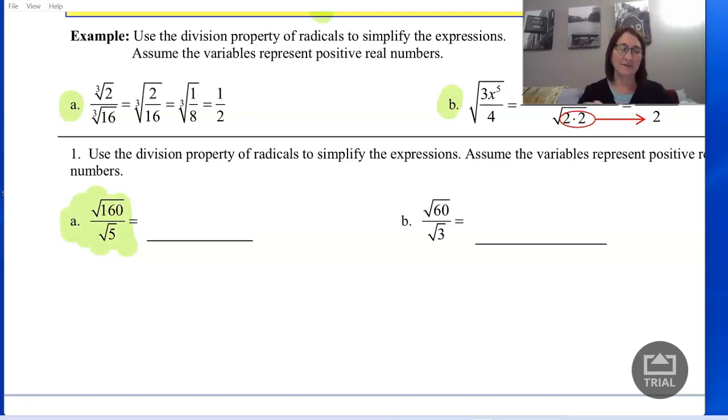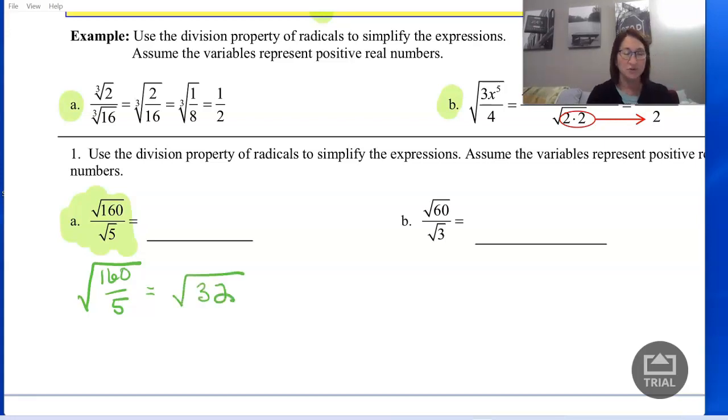By itself, the square root of 160, that's not a perfect square. The square root of 5, that's not a perfect square. Well, what if I merge this whole thing to 160 over 5? That's going to give us the square root of 32, which in itself is not a perfect square.